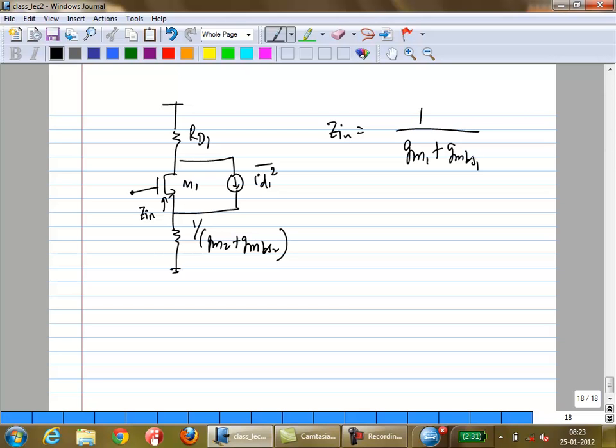So what happens? 1 over GM1 plus GMBS1 is the same as 1 over GM2 plus GMBS2. So half the current will flow here, half the current flows through this. Correct? So what voltage does it produce there? Into RD2 squared, RD1 squared. Correct?